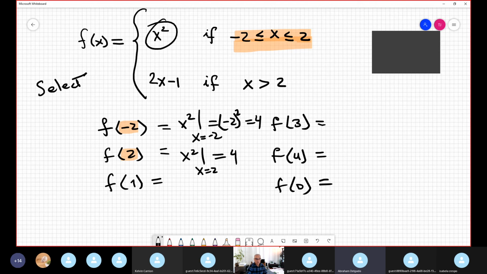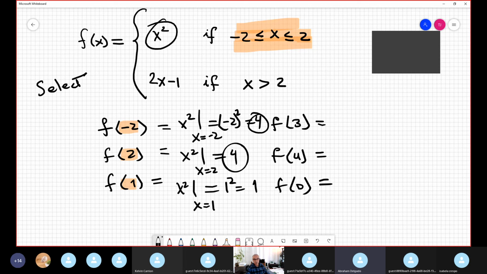Okay, 1 here, and 1 again belongs to this interval because this interval is in between -2 and +2, including -2, -1, 0, +1, and 2, and of course the decimals in the middle. So you select again the expression x squared, evaluate at 1. And 1 squared is 1.